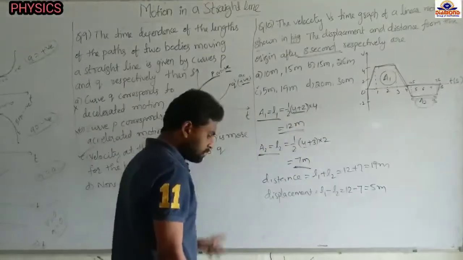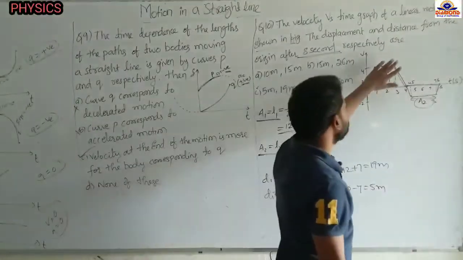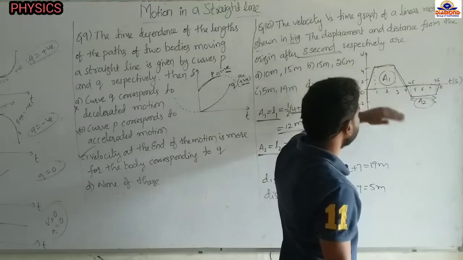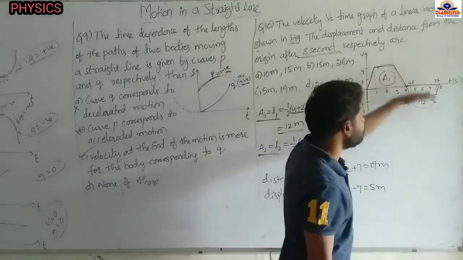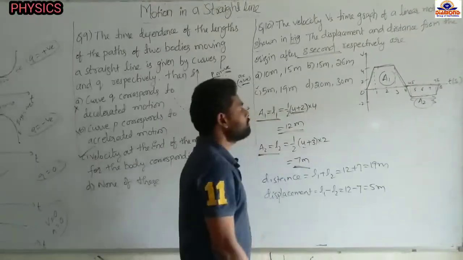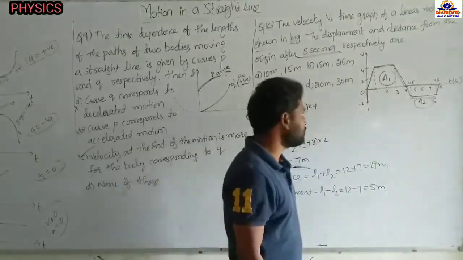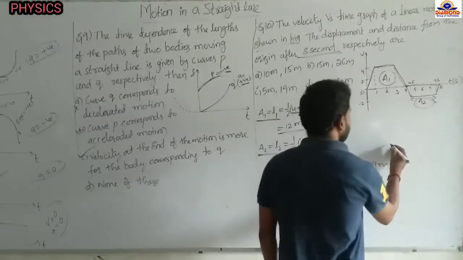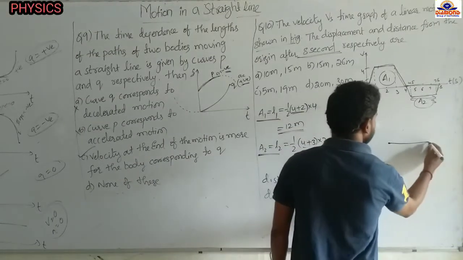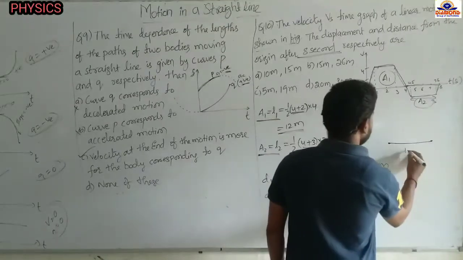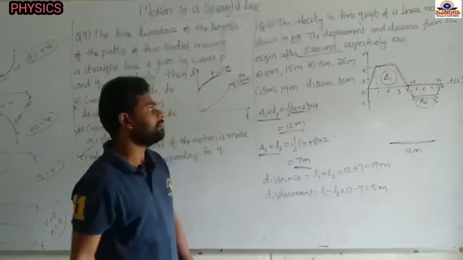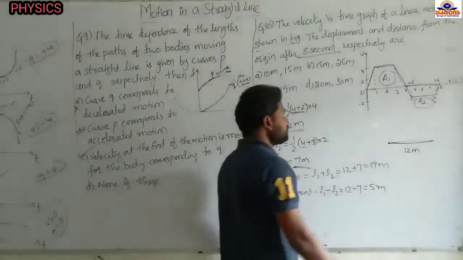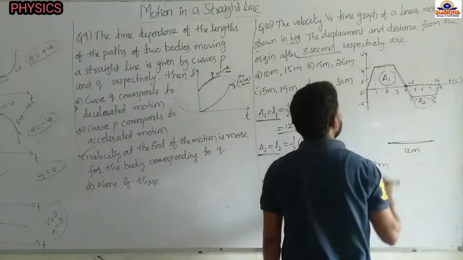Now see what's going on here. This one is above the positive x-axis and this one is below it, that means this is positive and this one is negative. After 4 seconds, from 0 to 4 it is going in this direction, and it covered 12 meters of distance. Whenever the graph is striking the time axis, at that place the velocity becomes 0.